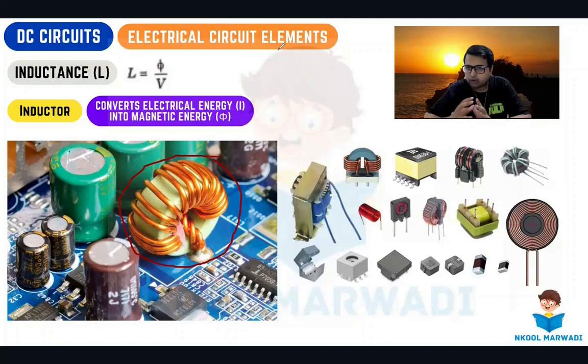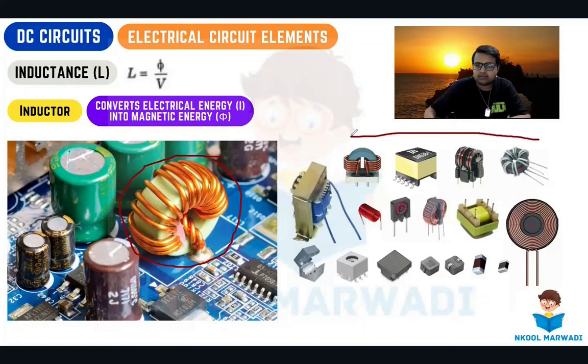In our houses, we get 250 volt AC current, for example, or 230 volt AC current. If this is the scenario and I want very little current, there I can introduce some very powerful inductors. They will act like a resistance and bring down the value of the AC current.